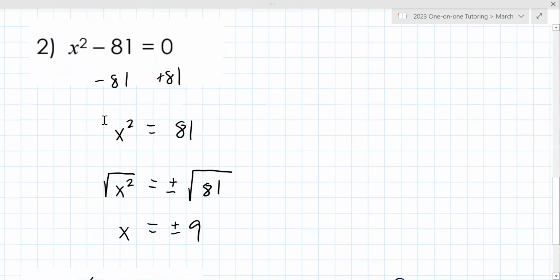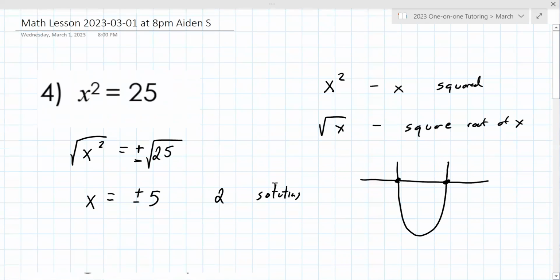We went from x squared equals 81 to what is going on in this line right here? What is this symbol called? Square root. So you're taking the square root of both sides.